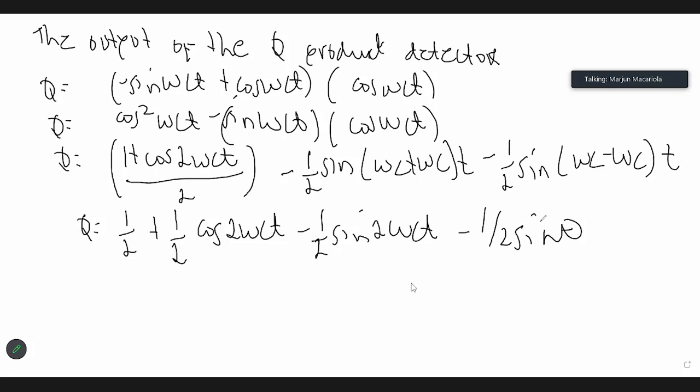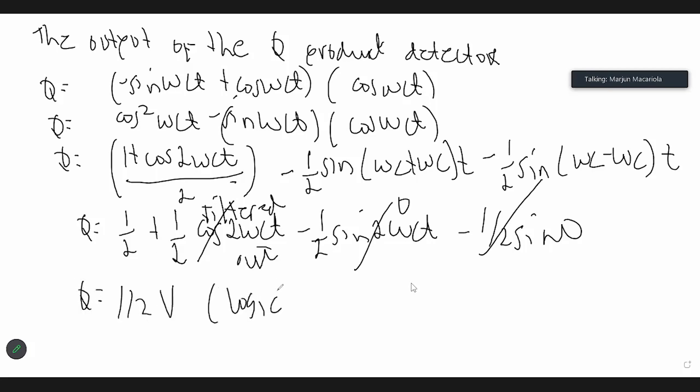Okay? So sine 0, when we press it on the calculator, is 0. Again, any factor of 2 pi is equal to 0. And again, cosine 2 omega ct is always filtered out. And what remains is Q is equal to 1/2 V or logic 1.